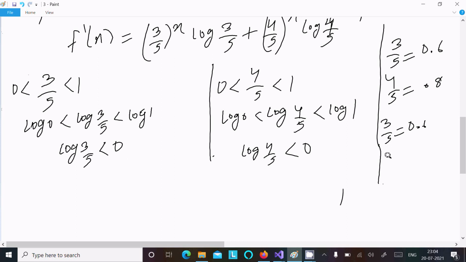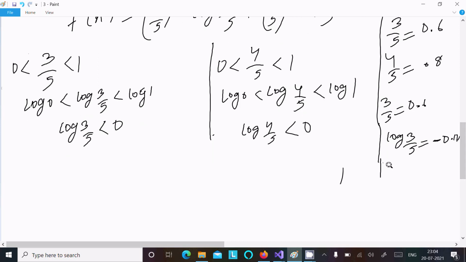Now we have 3 by 5 equal to 0.6, and log 3 by 5. Suppose this value comes negative, something like minus 0.111. So when you multiply 3 by 5 power x, which is positive, with log 3 by 5, which is negative, it comes negative.